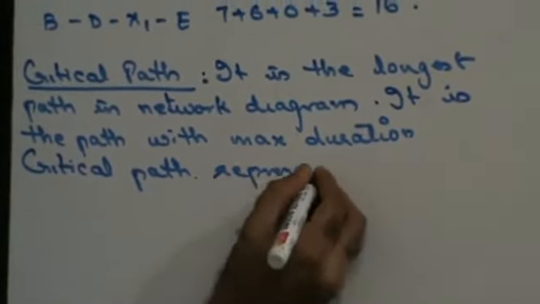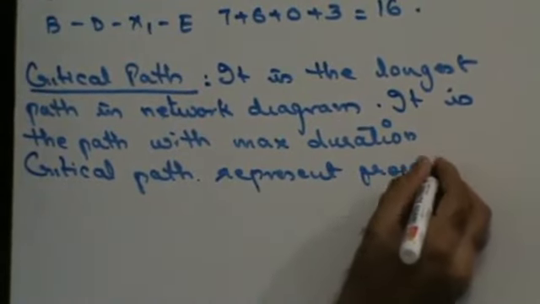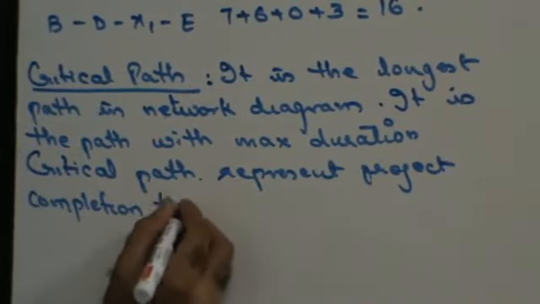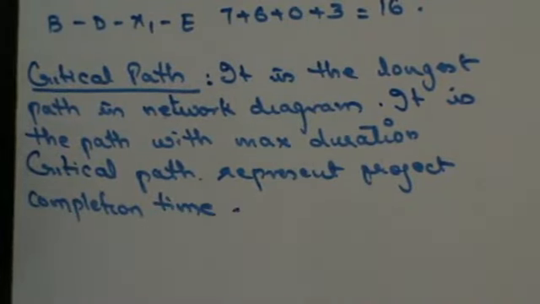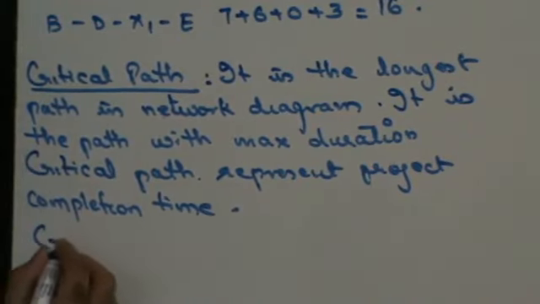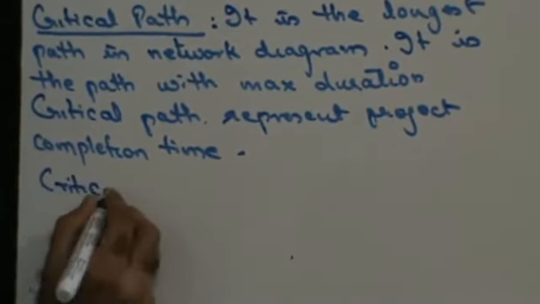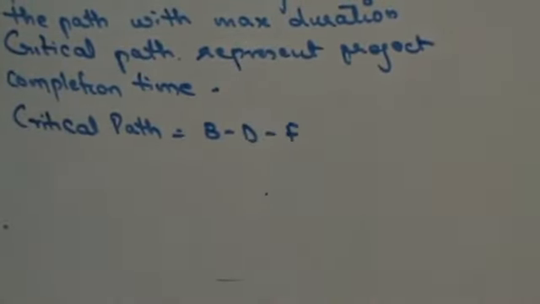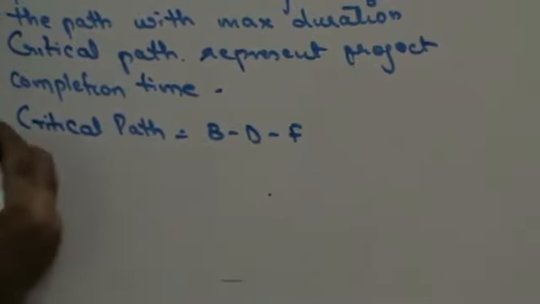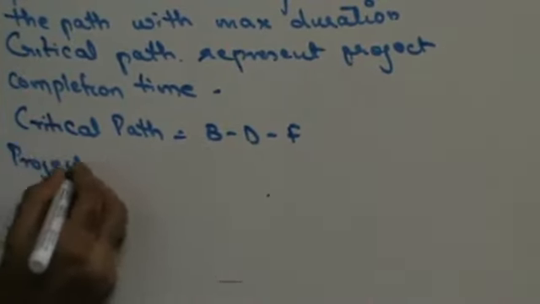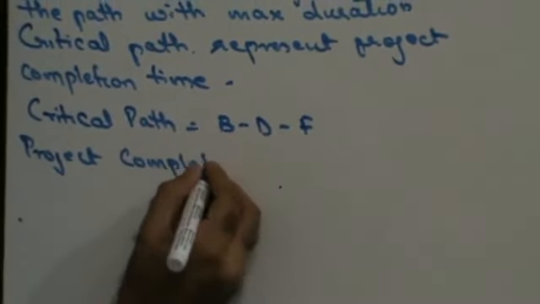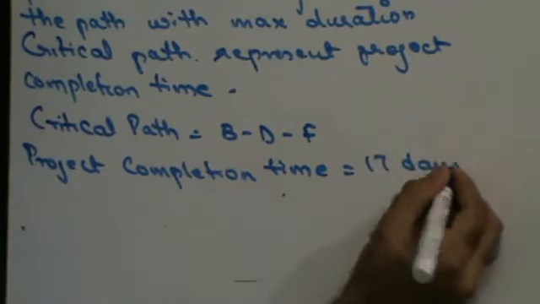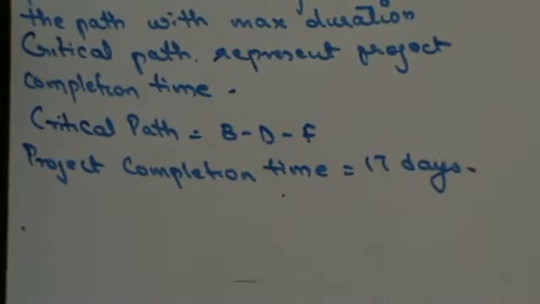In our example, the critical path is BDF because that's taking maximum duration, and my project completion time is 17 days. The time taken by the critical path is my project completion time.